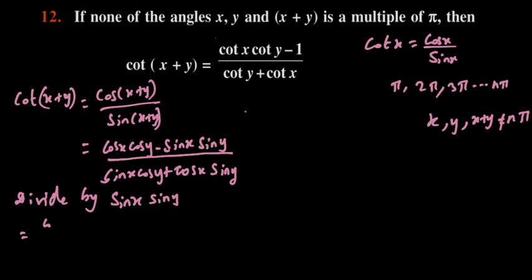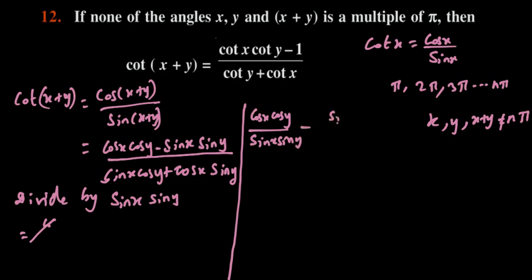So we will get cos x cos y divided by sin x sin y, minus sin x sin y divided by sin x sin y.